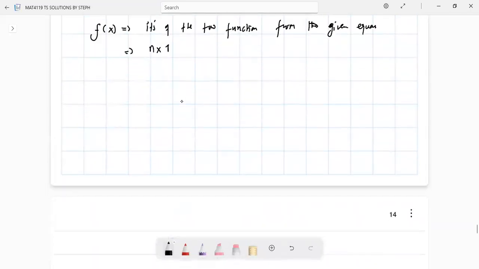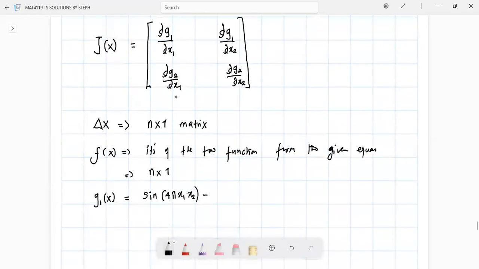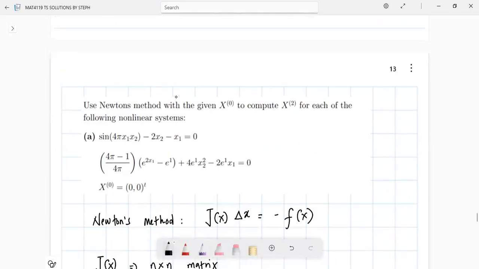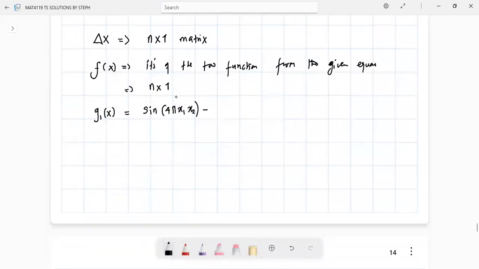I'll call my g1 of x equal to sine of 4 pi x1 x2 minus 2 x2 minus x1.